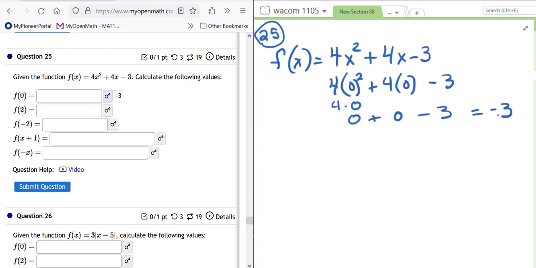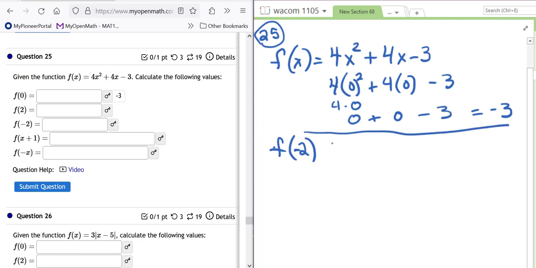So you've been doing those for a while. I'm going to skip the f of 2, but I'm going to do f of -2. Right? And you have to be real careful plugging in a negative if there's an exponent. You want it to go to the power. So I'm going to plug back into that original. So I have 4 and negative 2 is going to the power, plus 4.